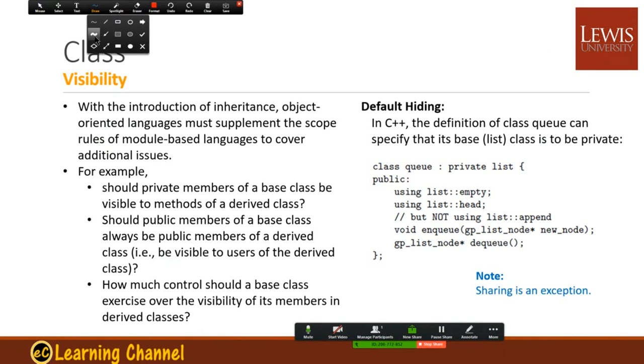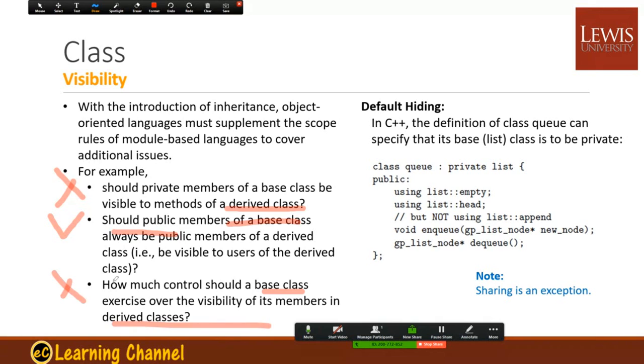So can your private member be seen by the child classes? The answer is no. Should a public member of a base class always be a public member of a derived class? The answer is yes. How much control should a base class exercise over the visibility of its members in the derived class? Basically, you can define that yourself.